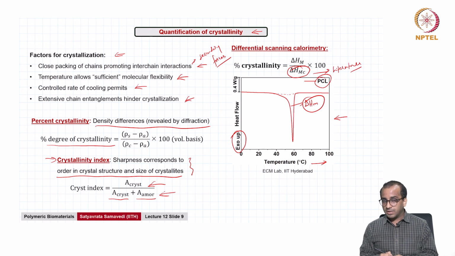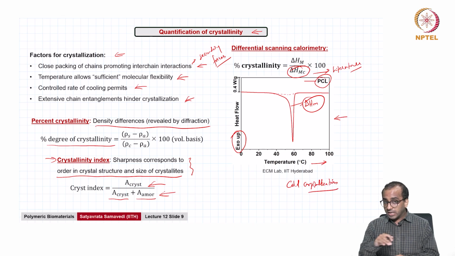Sometimes what can happen is when you heat a sample like this, and if the heating rate is just right, and if the chain structure is so ordered that it promotes crystallization, you can get something called cold crystallization, where during heating, if it is done in a reasonably controlled manner, then locally above Tg you can induce mobility within the chains, and that can lead to some localized reordering.